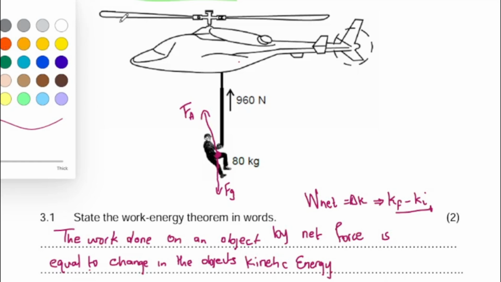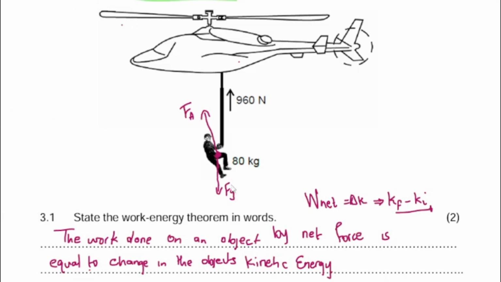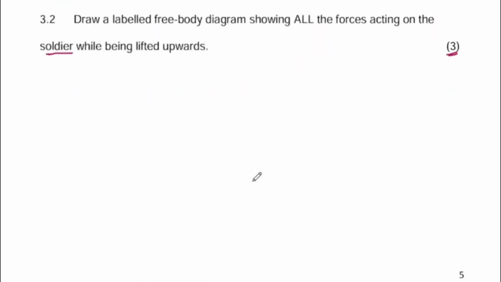Friction always goes in the opposite direction, so from this point we have another force going down, which we call the frictional force, F friction. So this is my F applied going up, then we have the weight FG going down, and then the frictional force in the opposite direction. You'll definitely get all the marks if you give them that.